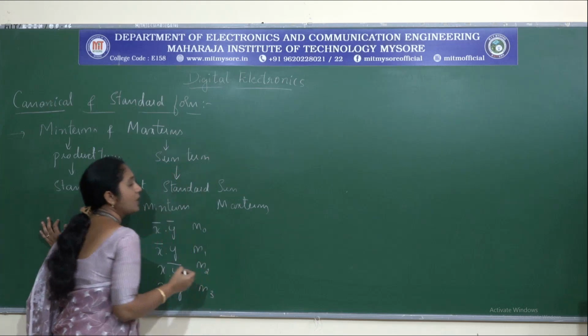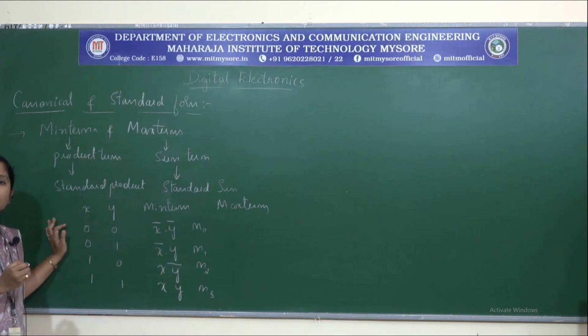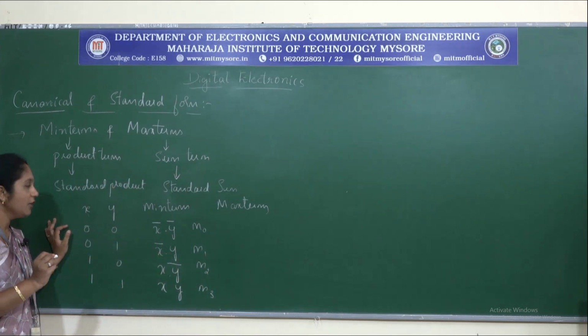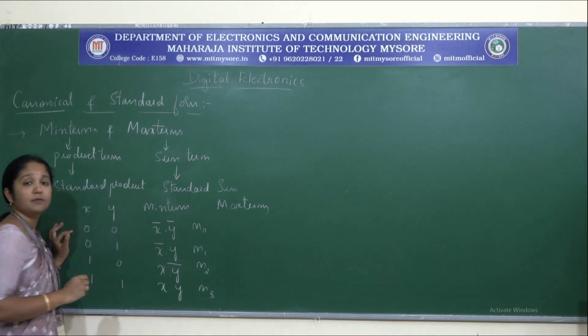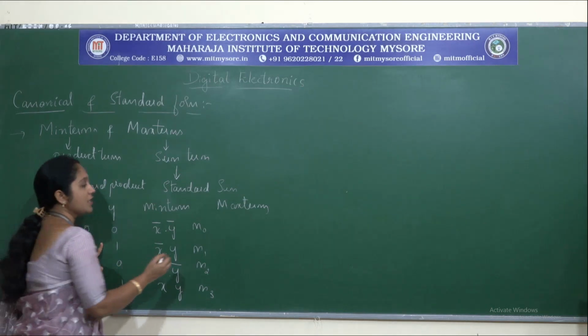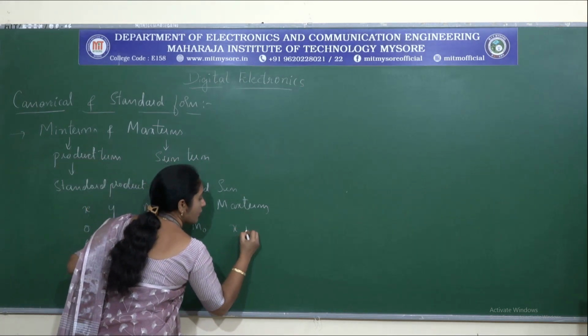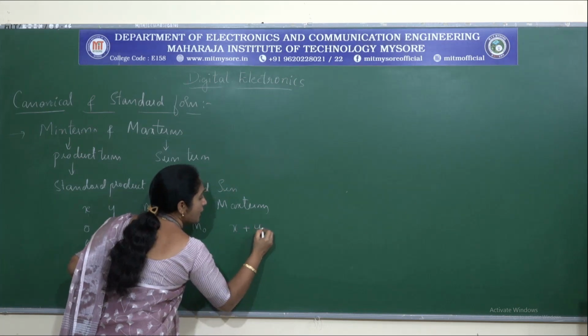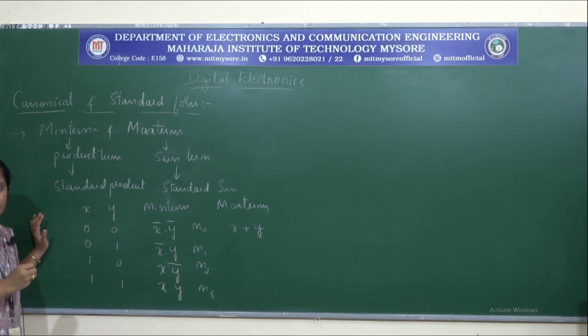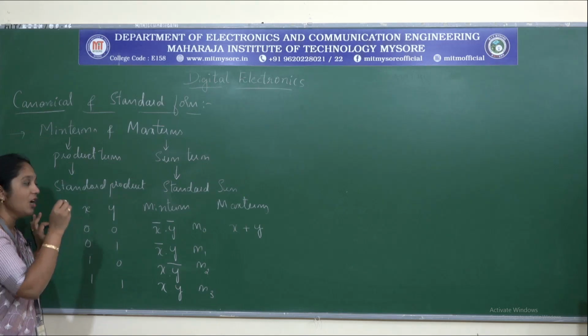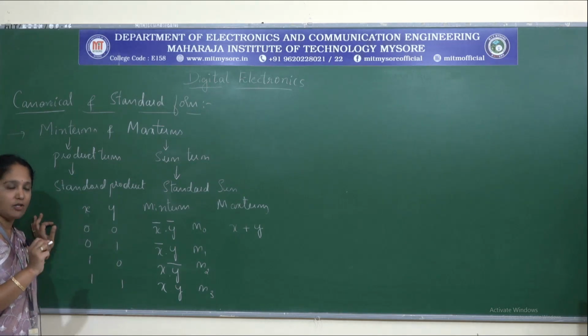Maxterm is nothing but the sum term, and sum is nothing but the OR operation. Therefore, for OR operation, here we are going to consider logic 0 instead of logic 1, in the sense that the output will be assumed as logic 0.